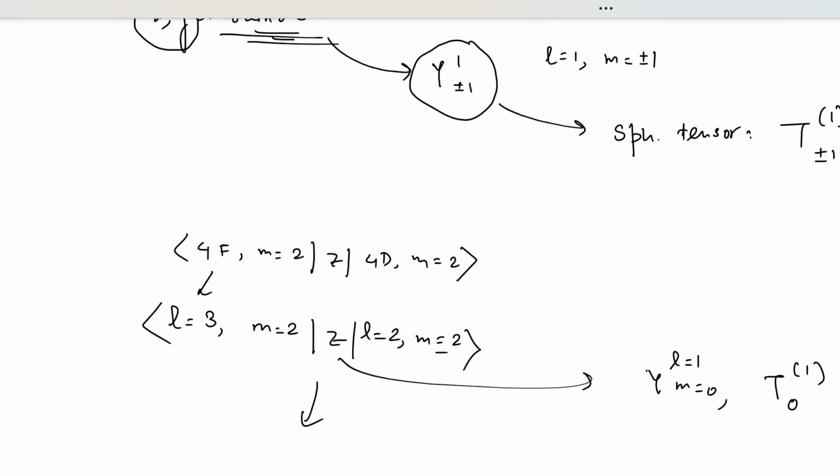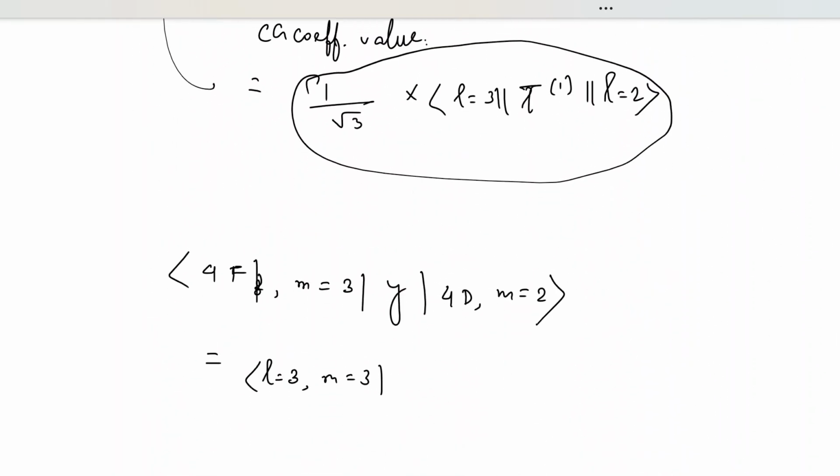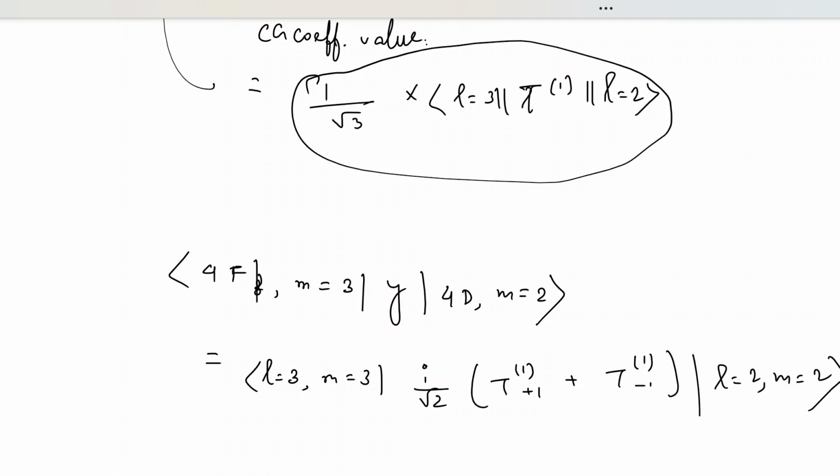Okay, so if that is the case, that you replace it here, that this is i by root over 2 times t1 plus 1 plus t1 minus 1, then L equal to 2, m equal to 2. So here you see i by root over 2, L equal to 3, m equal to 3, and then you have the tensor rank 1 with plus 1 as m.